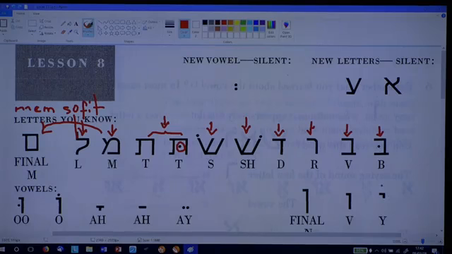This consonant is a yud. That's my pronunciation; others pronounce it yod. And it is a Y sound. The word Yisrael begins with a yud, so does Yeshua. This is another V sound. It is a vav.